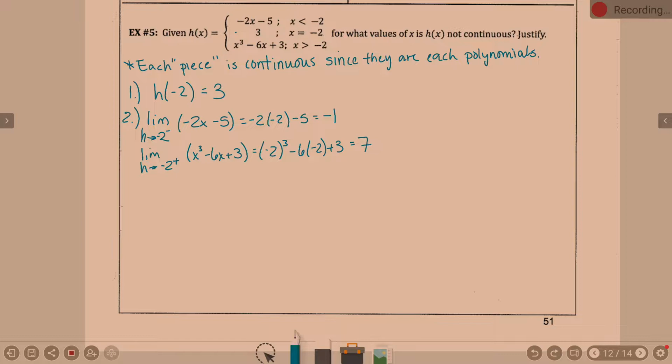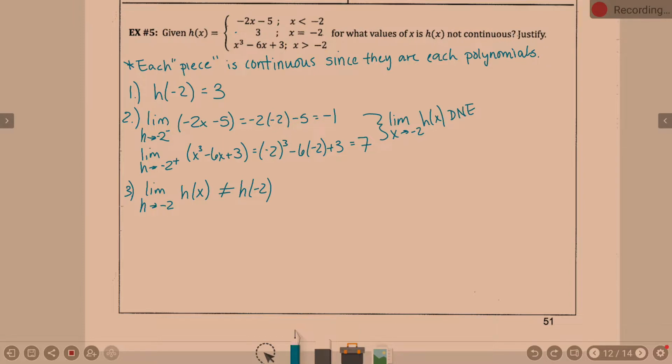So right there, when we start talking about step 3, the limit as h approaches -2 of h of x does not equal h of -2. The limit doesn't exist. Okay, so right here we can say the limit as x approaches -2 of h of x does not exist, and then the limit doesn't equal the point.